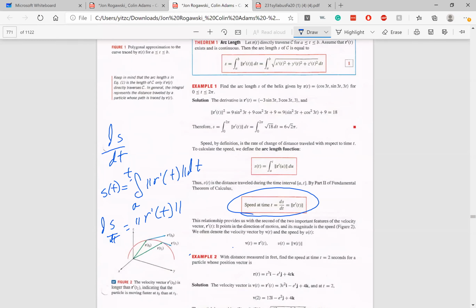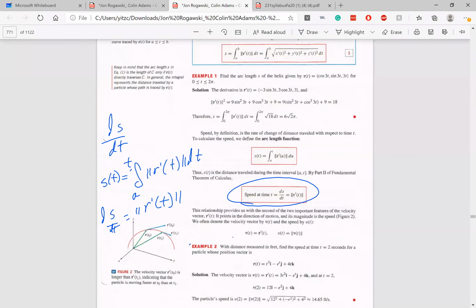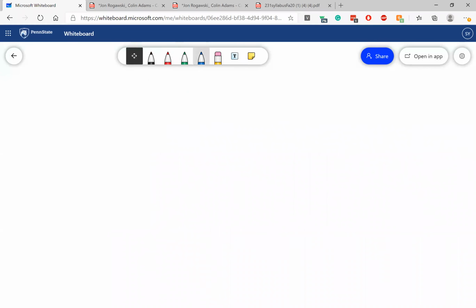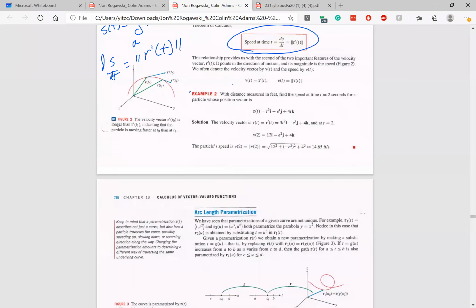So let's do an example. Let's say r of t is equal to t cubed, negative e to the t, and 4t.